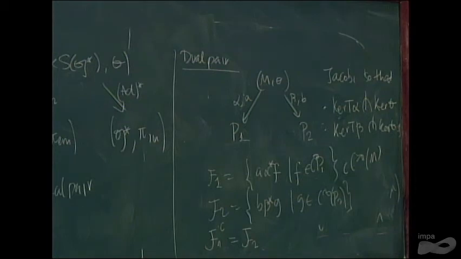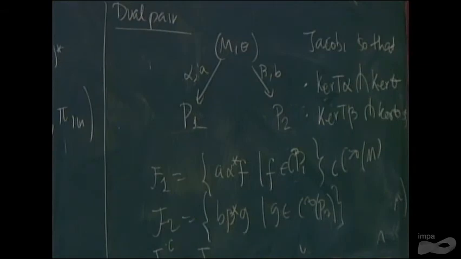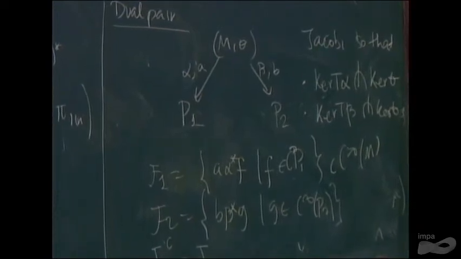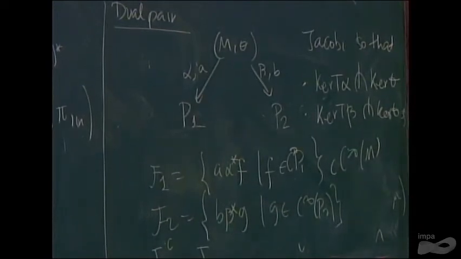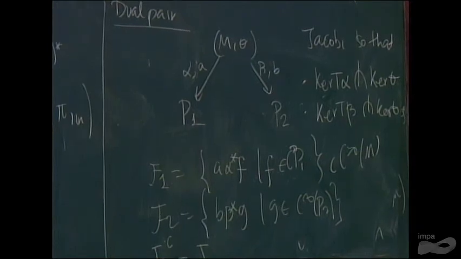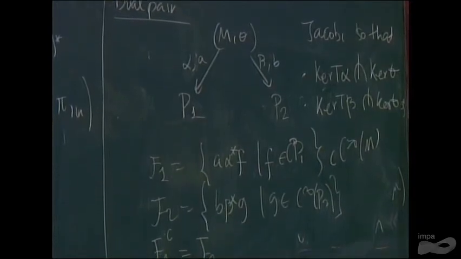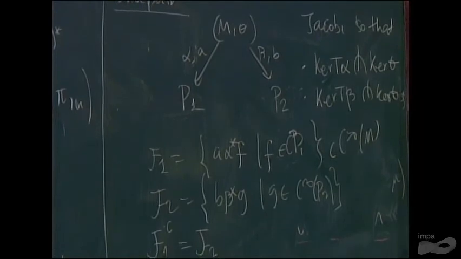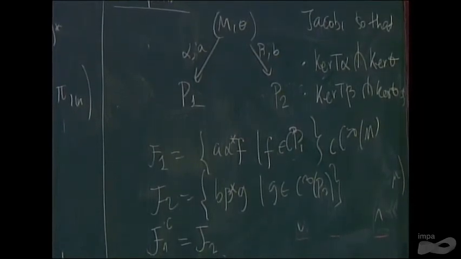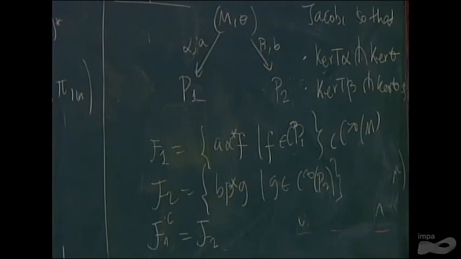So if you spell out these conditions, and you want to write this global condition as a more finite condition, then you get the definition of a contact dual pair. A contact dual pair is two Jacobi maps so that the fibers are transversal to the kernel of theta, plus these other conditions.